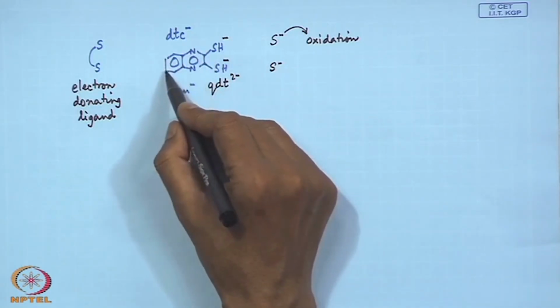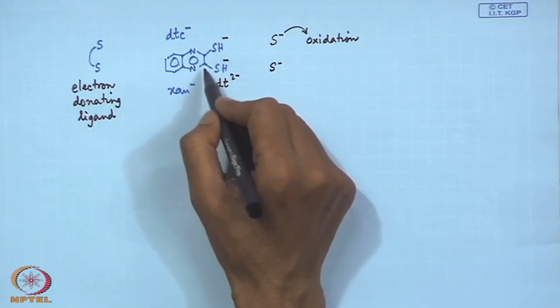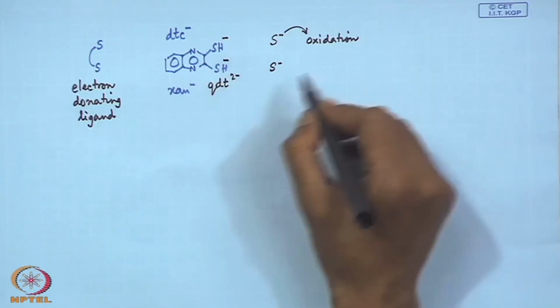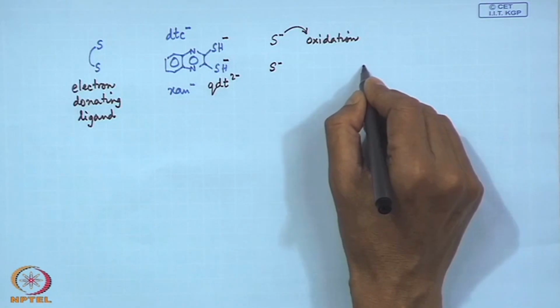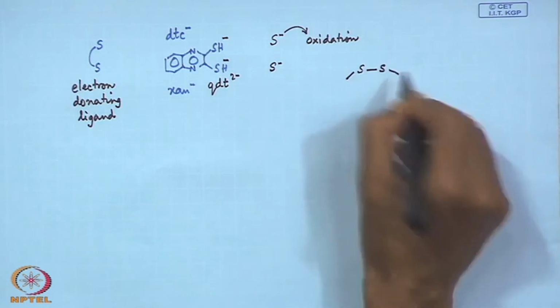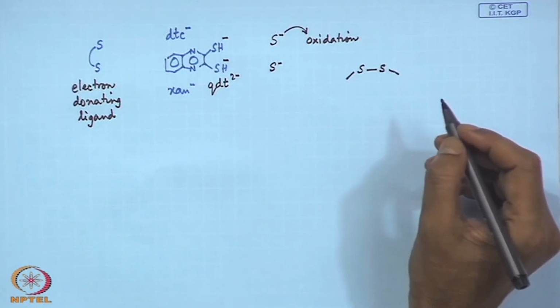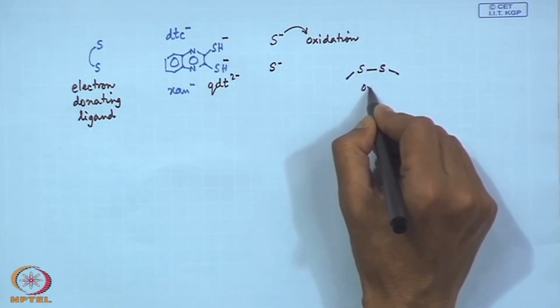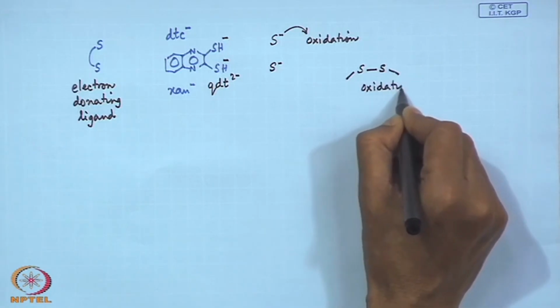The rigid backbone is also required for the corresponding donation, and at a certain point, if we have typical oxidation, then we can get the corresponding sulfur-sulfur coupling. This is for full oxidation of the ligand system.